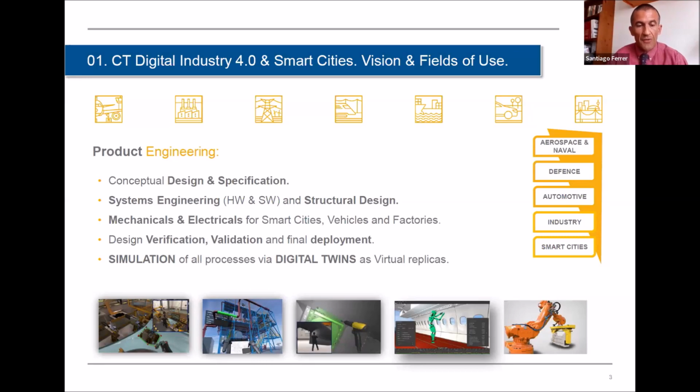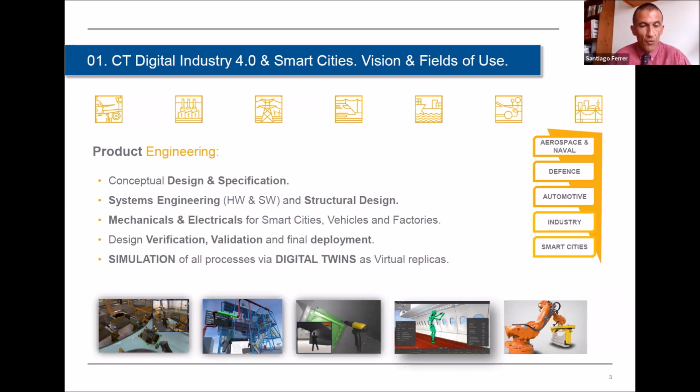So now 5G communications are going to be instrumental, and according to some sources, 6G is about to be born very, very soon. Mechanicals, electricals in smart cities, vehicles and factories, a complete city, a complete manufacturing plant can be replicated virtually with all participating elements.